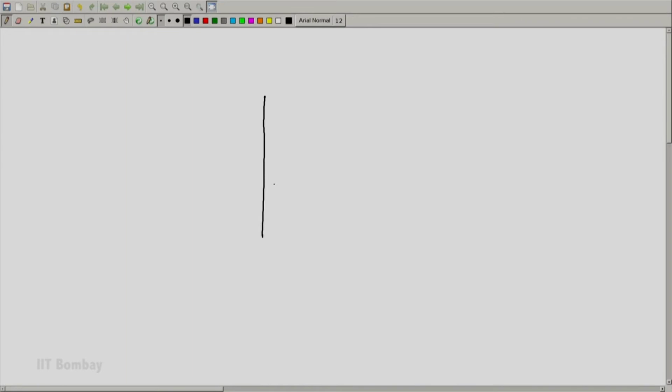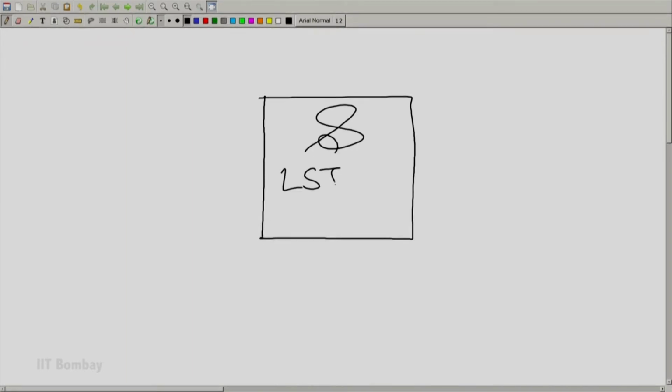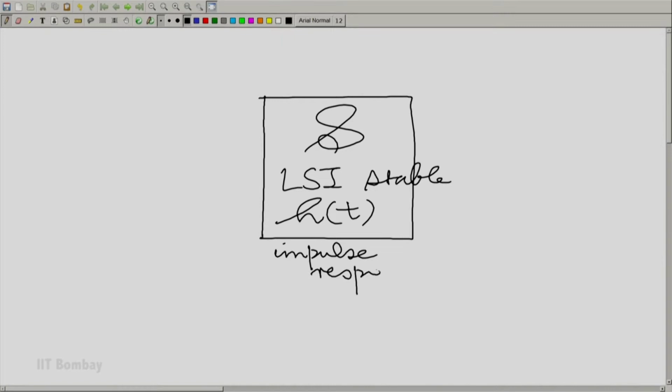Let us quickly recapitulate. So, we said that I have this stable linear shift invariant system S, impulse response h(t), which is real. Well, that makes sense because most physical systems would have a real impulse response.